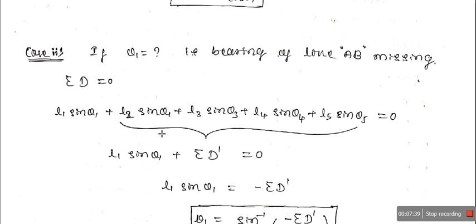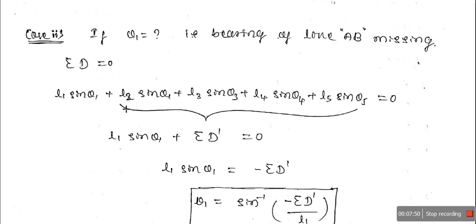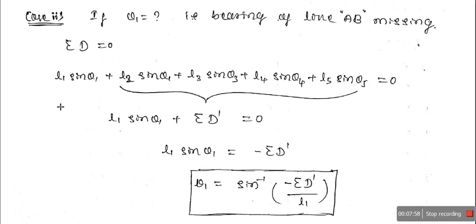Next, second case. Similarly, for finding L1, we can use the summation of D also. So for example, I am taking only latitude here. Similarly, case 2, if theta 1 is missing, means the bearing of the line AB is missing. So here, instead of latitude, I am using the departure. You can use any one, but here I am using the departure.